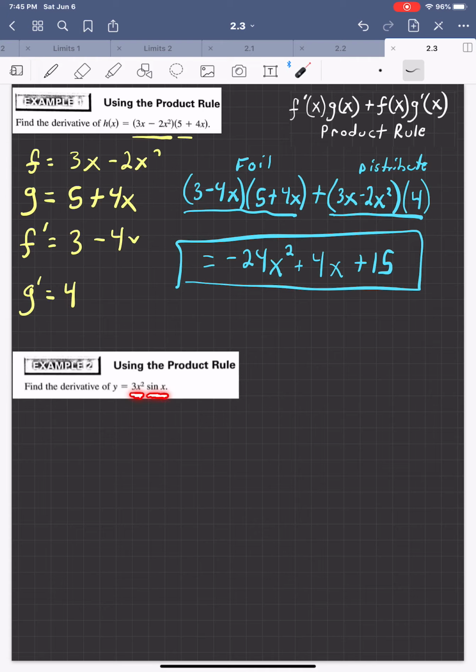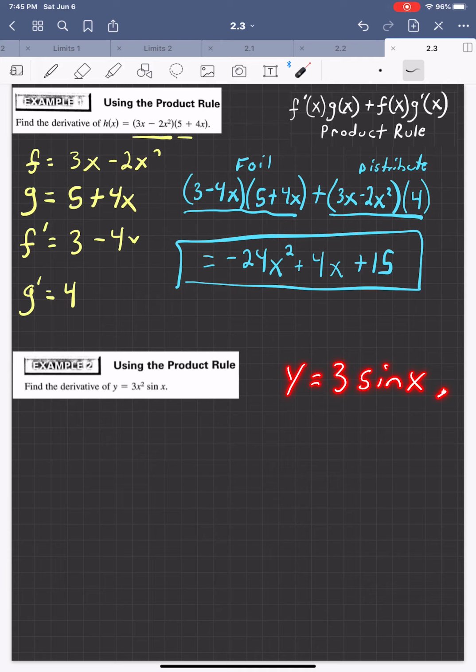Notice that each factor has a variable. Let me see if I can make it more simple here. Notice the difference between these two problems. In the latter, the one in red, there's no need to use the product rule to take this derivative. But in the former, the one that we're going to do, you would need the product rule.